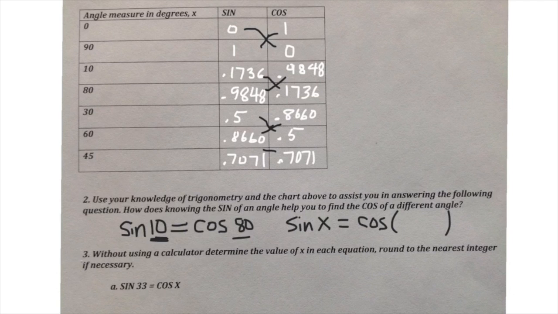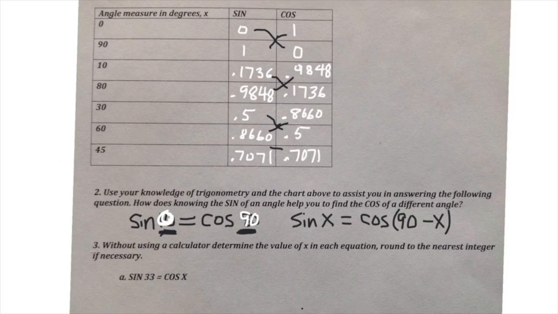The sine of 30 is the same thing as the cosine of 60. And the sine of 0 degrees is the same thing as the cosine of 90. So it looks like when those angles make 90 degrees, the sine is always equal to the cosine. So if you know the sine of x, then you also know the cosine of 90 take away that x.